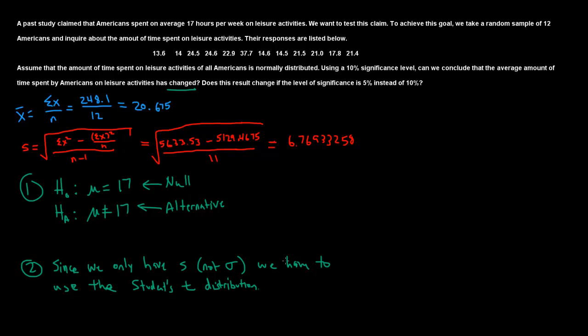That's what you have to do whenever you need to do hypothesis testing and you don't know the population standard deviation. Alright, so we're going to use the t-distribution. That's the big difference between my last tutorial and this example. So that's step 2, pick our distribution.